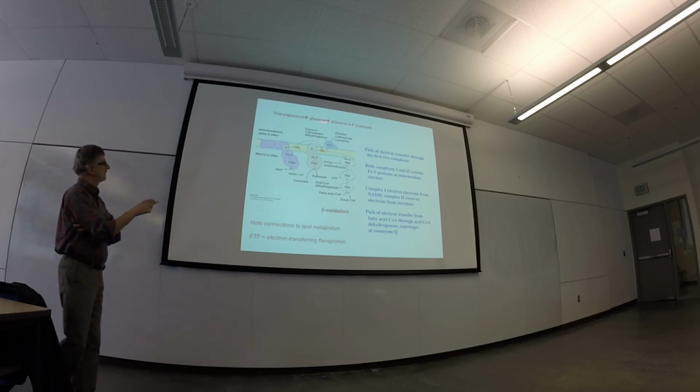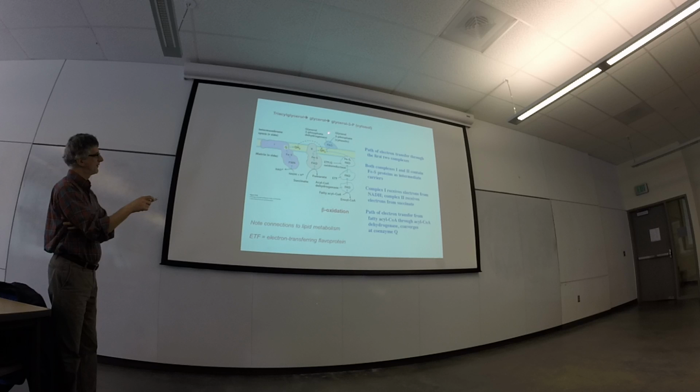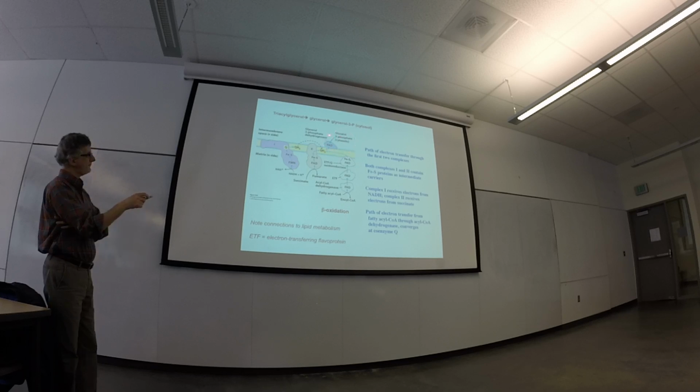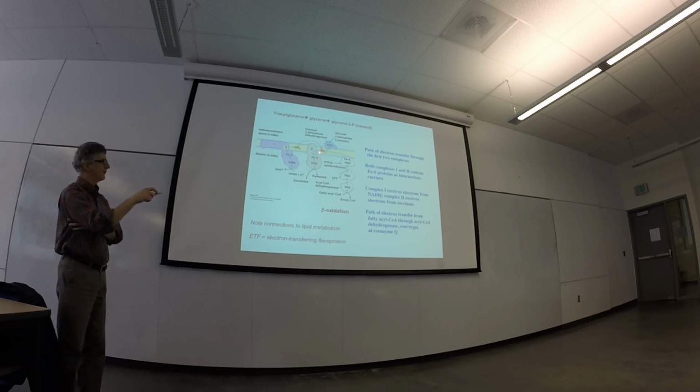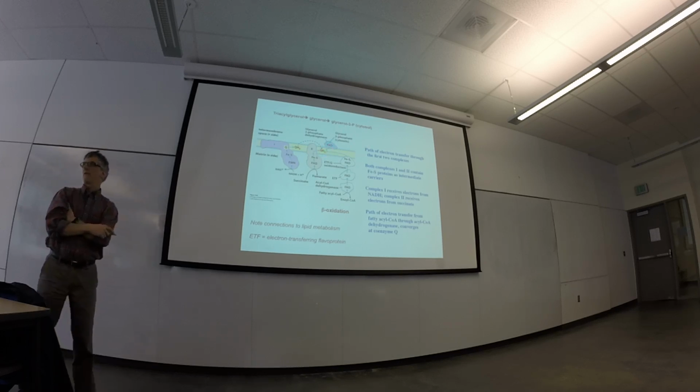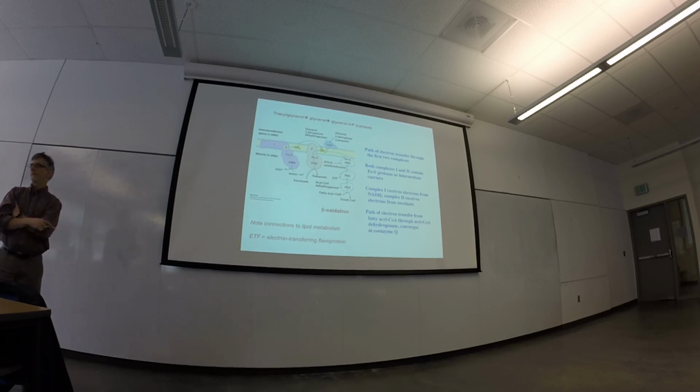Well, glycerol 3-phosphate dehydrogenase oxidizes glycerol 3-phosphate, produces FADH2. Again, electrons go to QH2. And later on, we'll talk about the electrons from the glycolytic NADH, the one from glycolysis, which is not on this slide.